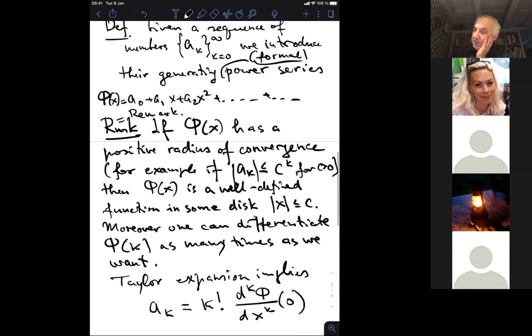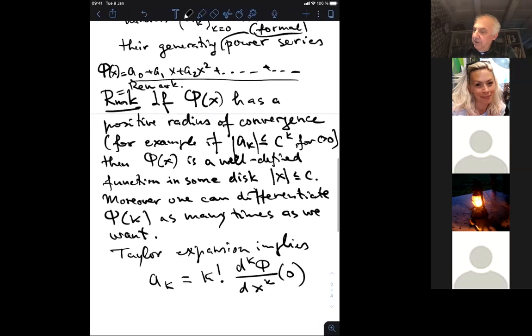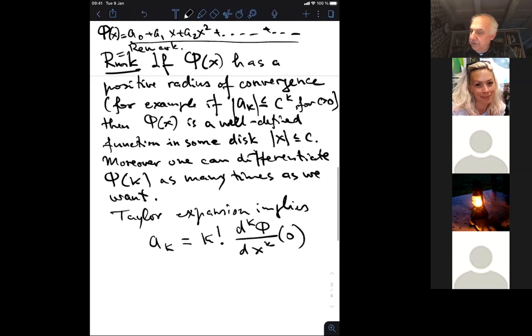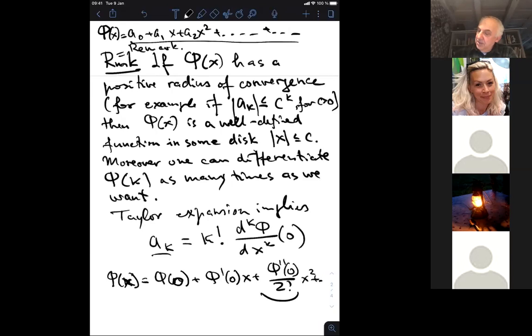Because this can be considered as a Taylor expansion of phi at the origin, we know by Taylor's formula that the kth coefficient in this power series expansion equals k factorial times the value of the kth derivative. The usual Taylor expansion says phi of x equals phi of 0 plus phi prime of 0 times x plus phi double prime of 0 divided by 2 factorial times x squared plus and so on. So these things are exactly the coefficients here.